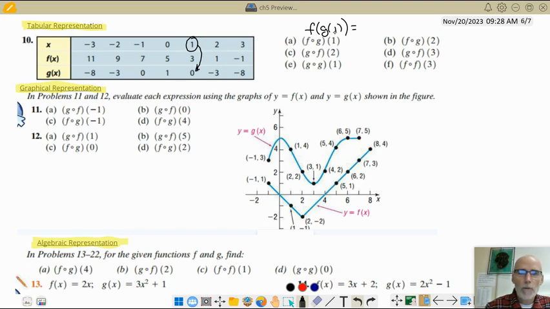So the g of 1 is 0, so I get f of 0 because at 1 the g function is equal to 0. And now what does this notation mean? It means I go and I find when x is 0, and then I do the f function to that. So I'm going to go to 5. So my final answer is 5 on part A.